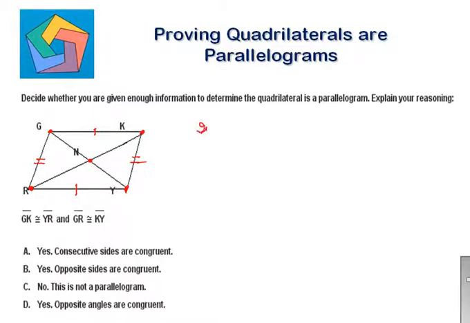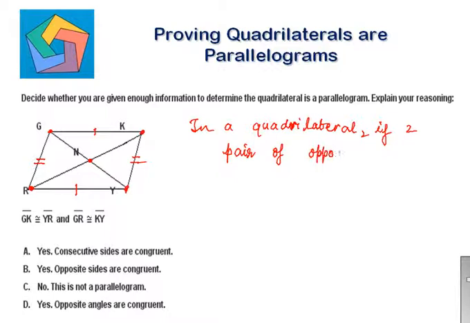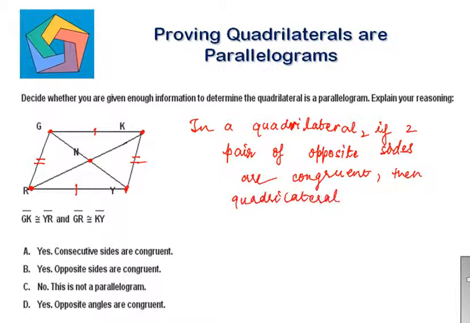So in a quadrilateral, if two pairs of opposite sides are congruent, then the quadrilateral is a parallelogram.